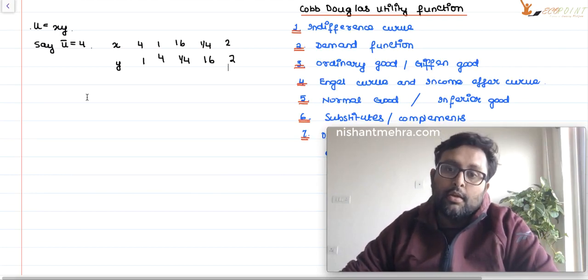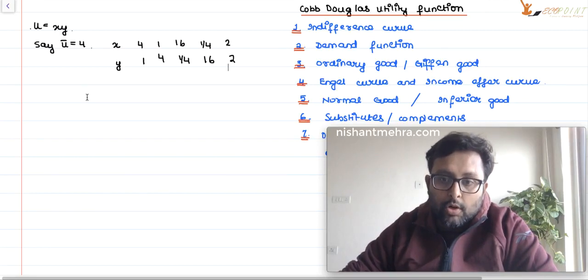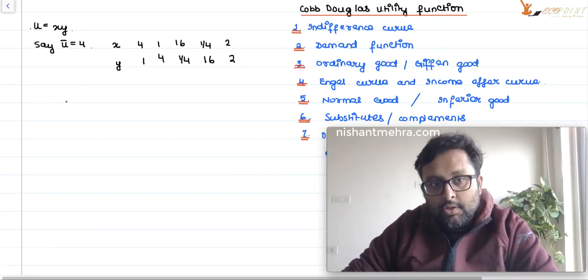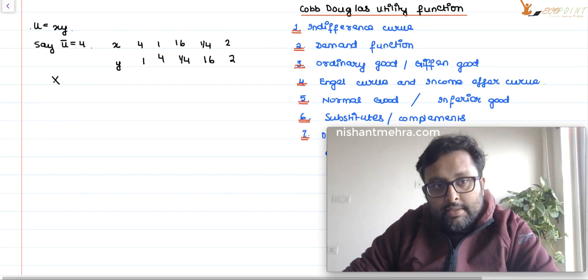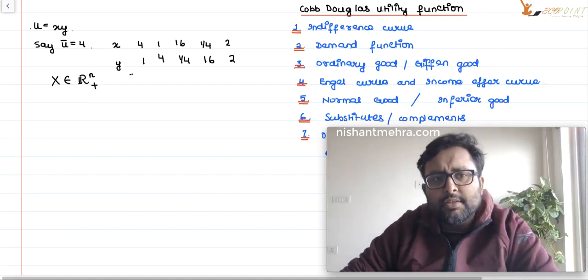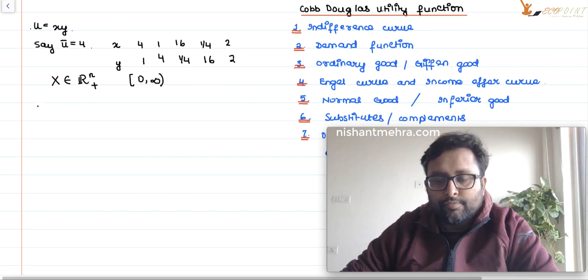The reason being, your goods should belong to the positive orthant of the real plane. So if capital X is the consumption set, it is assumed that it belongs to R^n plus. Plus means it is ranging from 0 to plus infinity.